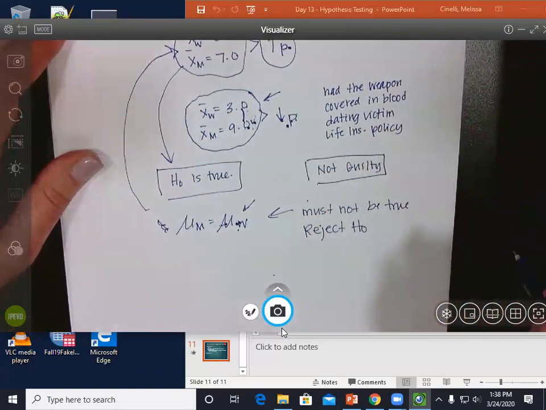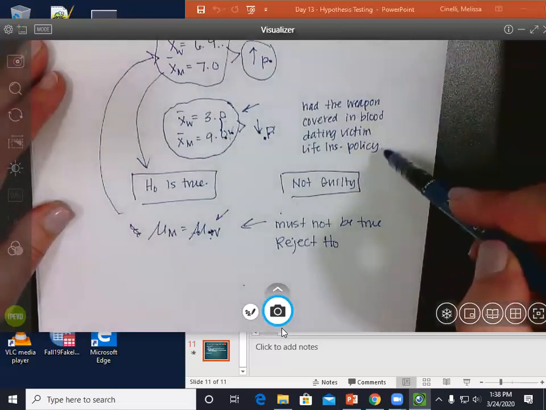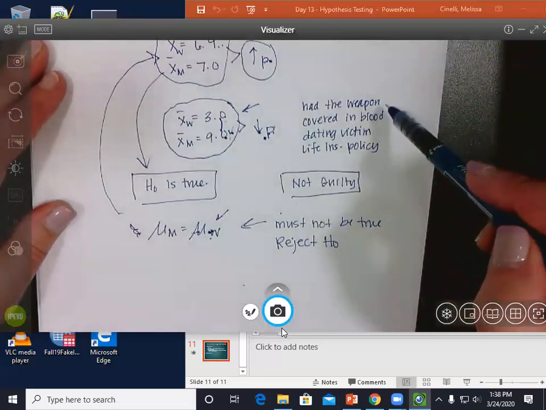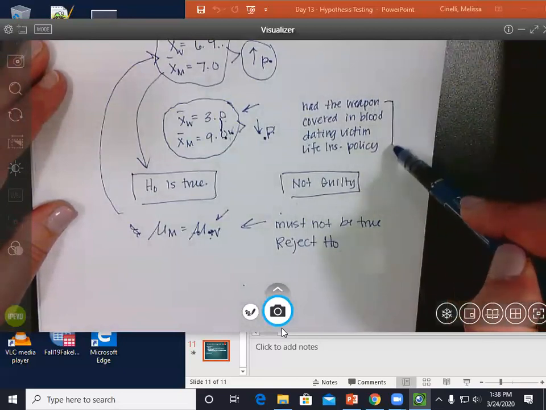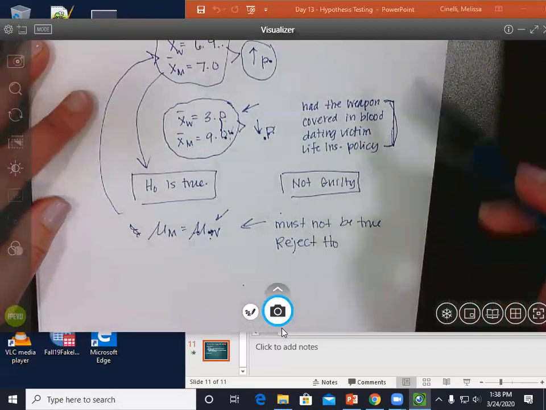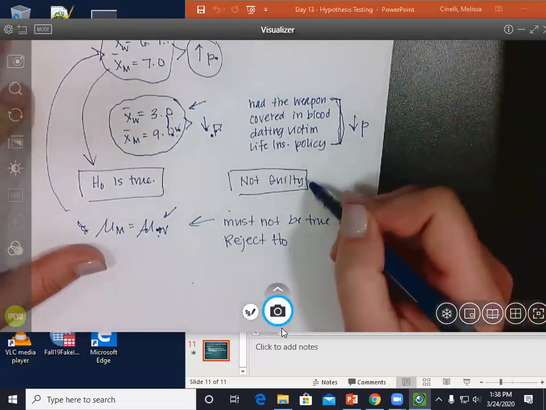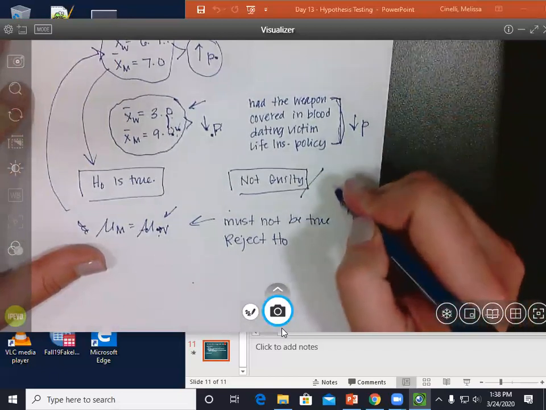So if all of these things exist, there's all this evidence to suggest that the defendant did it. What are the odds that you would find a person where all of these things are true and that person was not guilty? The odds would be very low.